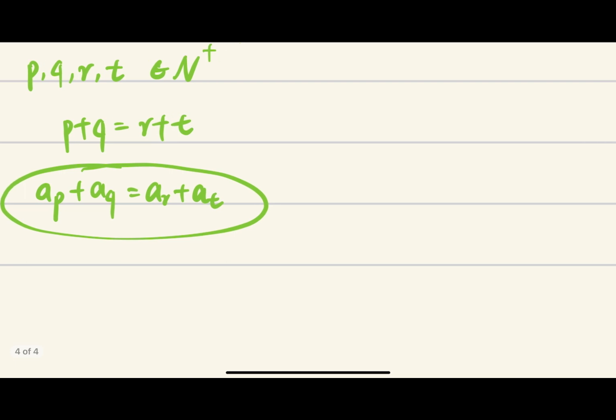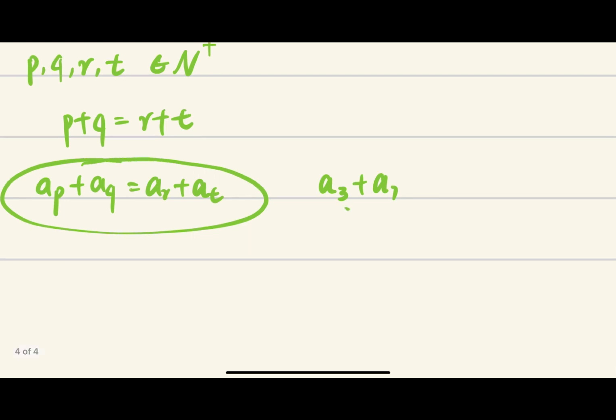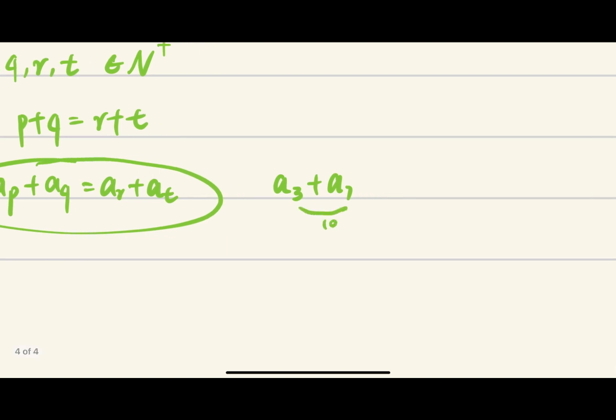Let's use specific numbers here. Let's say A3 plus A7. The subscripts, when they add together, make 10, right? So that will equal A1 plus A9, since 1 plus 9 is also 10.